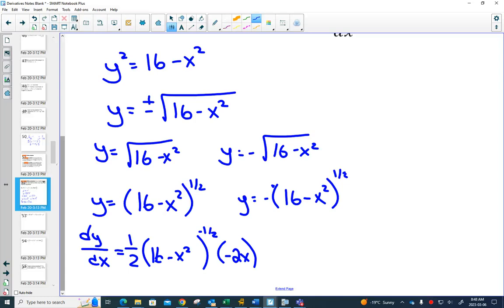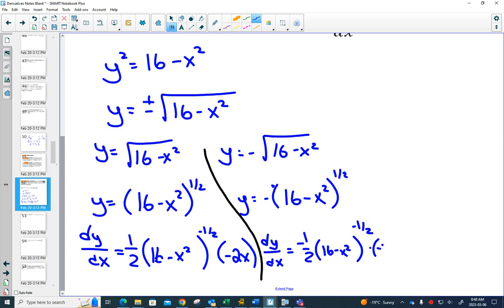Same thing with the other one. Bring the 1/2 out in front, subtract 1 from the exponent, keep the inside the same. Multiply by the derivative of the inside. And we actually get two different equations for the derivative. We get one equation with a negative and one equation that would be positive.